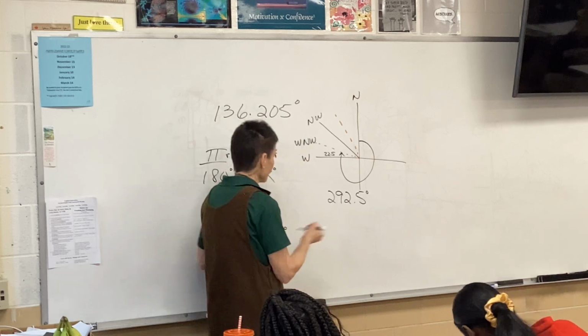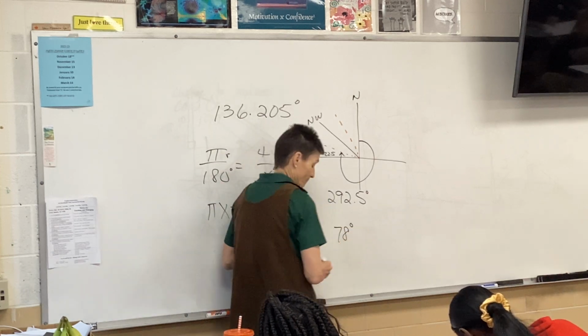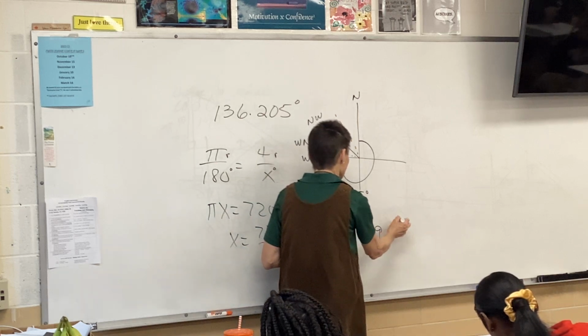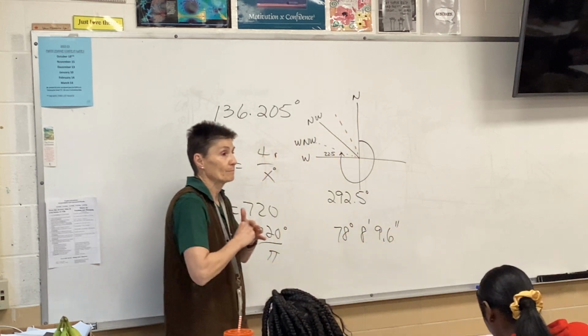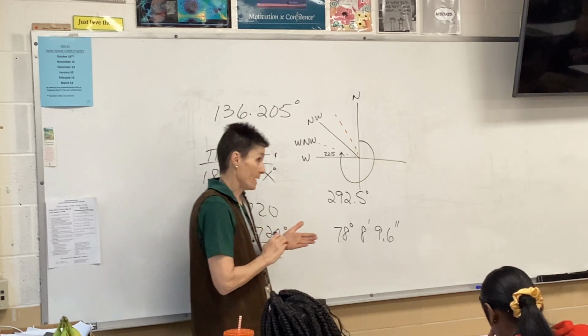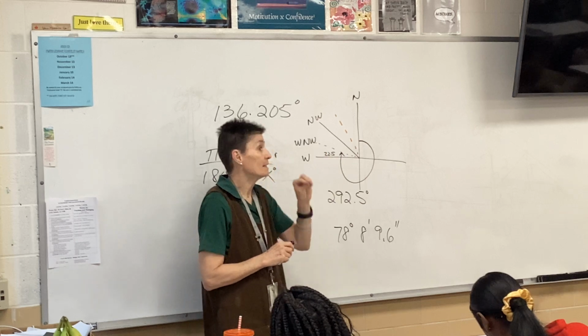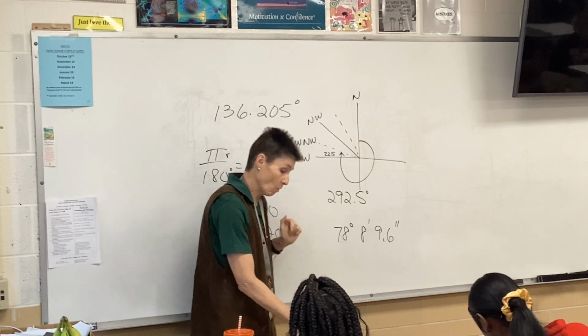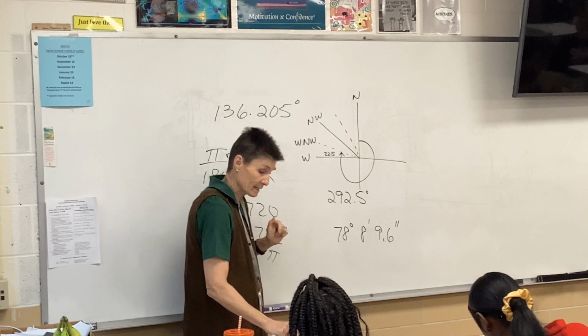So I got 78 degrees, 8 minutes, 9.6 seconds. How's that sound? So for problem number 1, we have to put them in individually and label them. For problem number 4, we just type in the whole shebang and hit DMS.